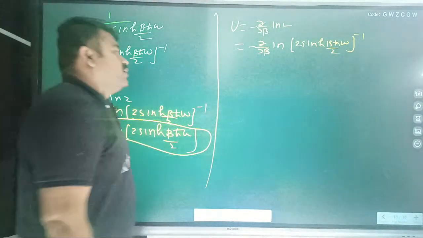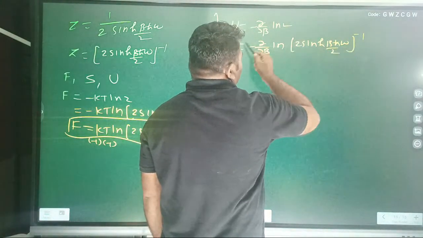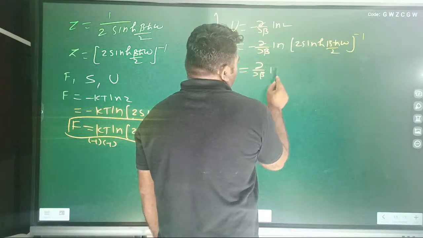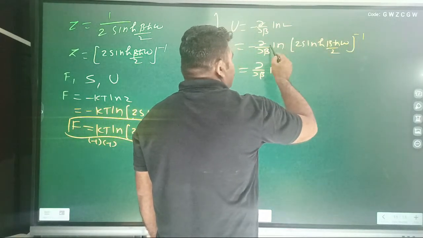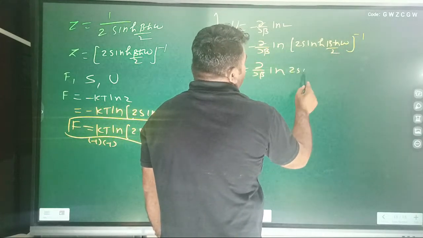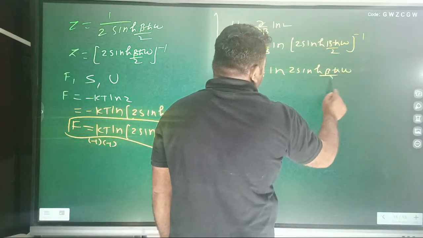This minus 1 and this minus 1, similarly, become plus. So del upon del beta, we can take this minus 1 outside as a constant, and this becomes plus, ln of 2 sin hyperbolic beta h cross omega upon 2.